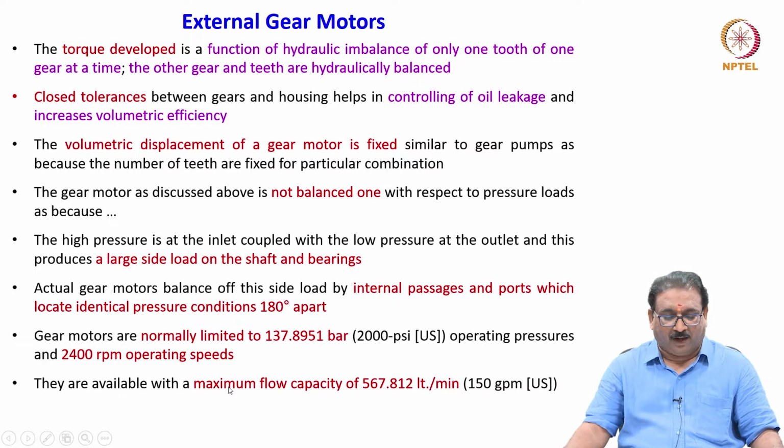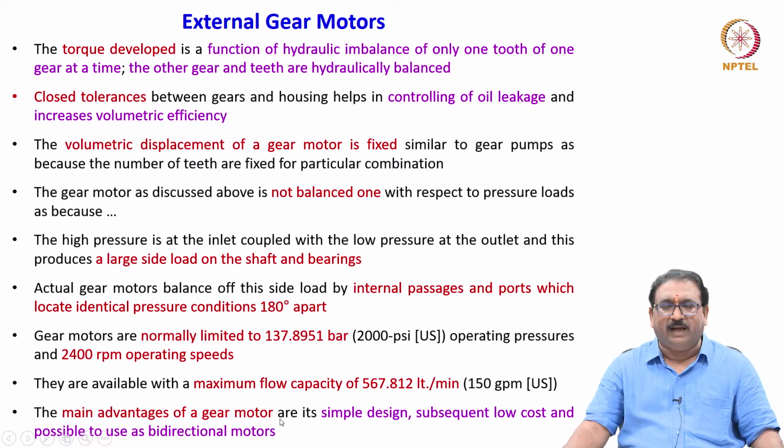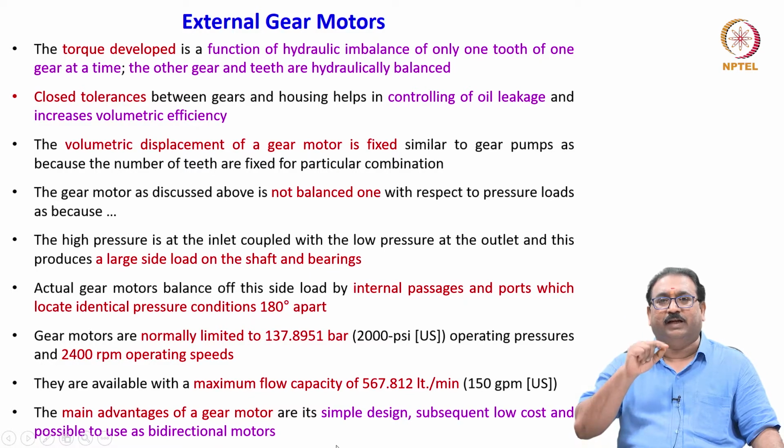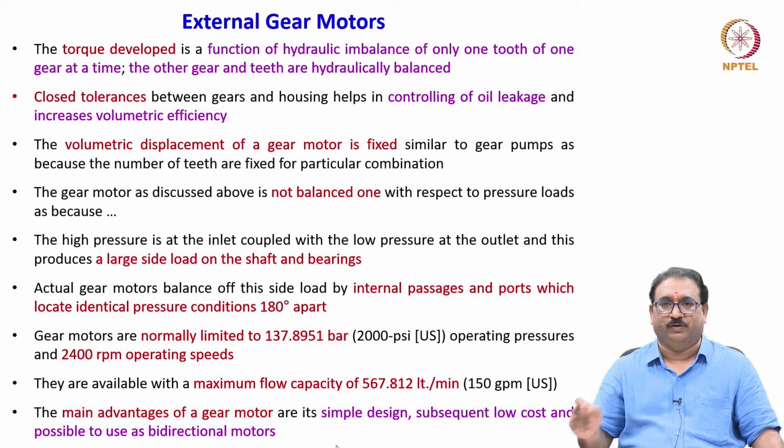They are available with a maximum flow capacity of 567.81 liters per minute, or in US customary units 150 gallons per minute. The main advantages of the gear motor are its simple design, subsequent low cost, and that it can be used as bidirectional. The direction of flow in and out decides the direction of the shaft rotation.